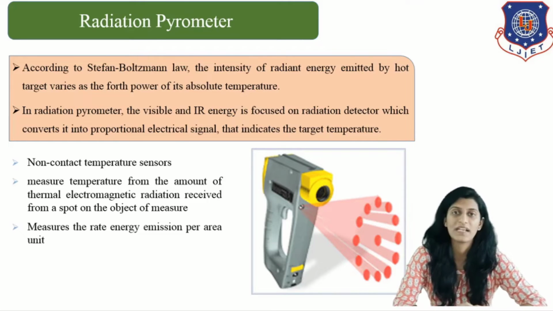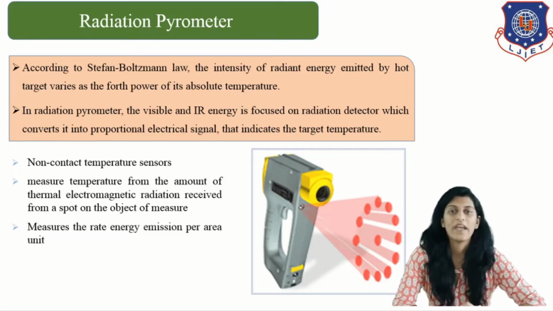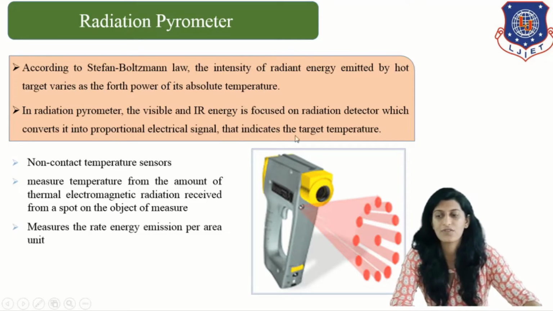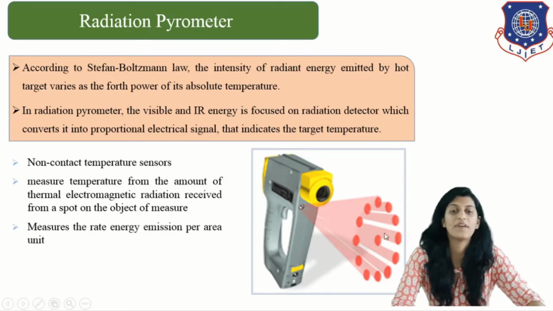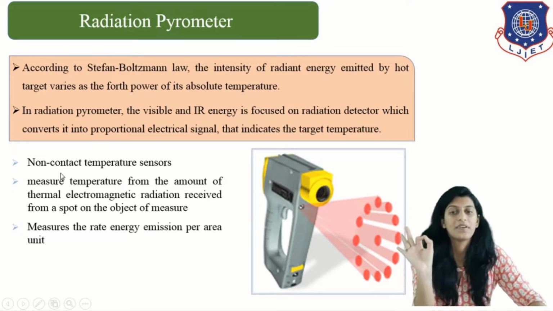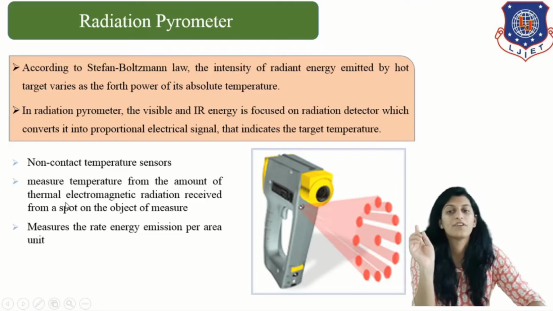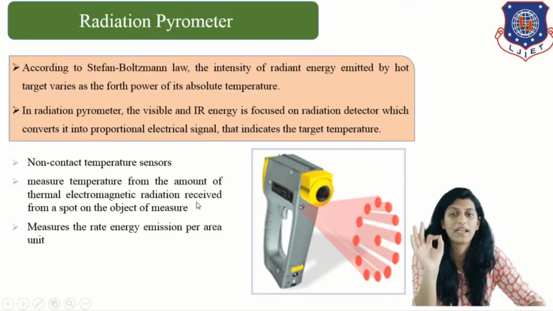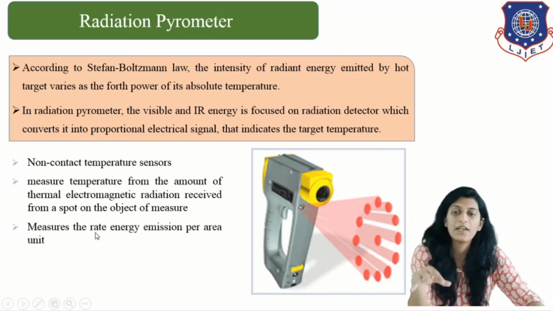Using this fundamental law, we have developed an equipment known as the radiation pyrometer. It is a non-contact temperature sensor, as you can see in this actual picture, which measures temperature from the amount of thermal electromagnetic radiation and measures the rate of energy per unit area.